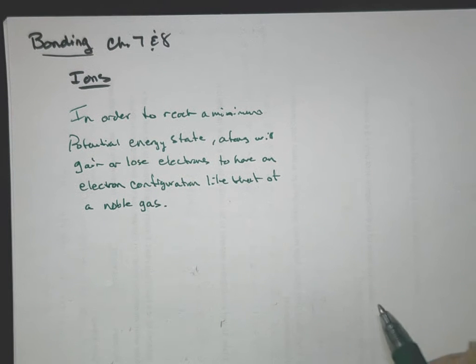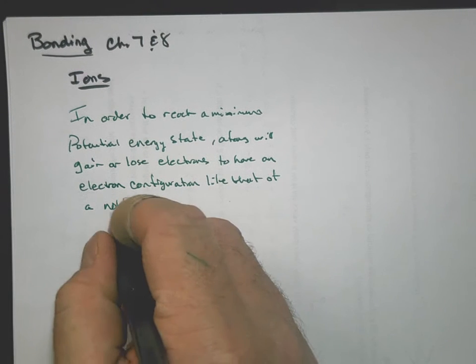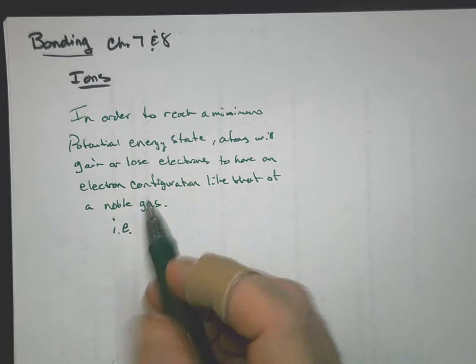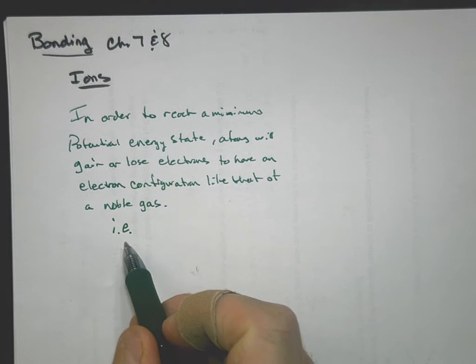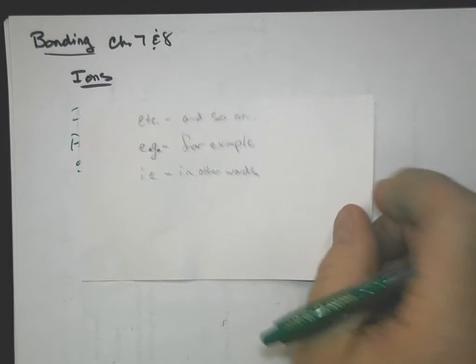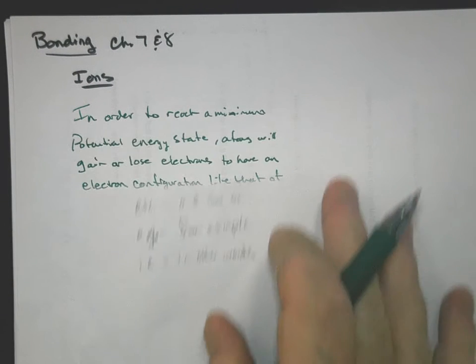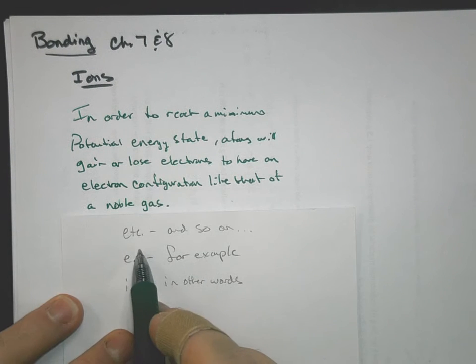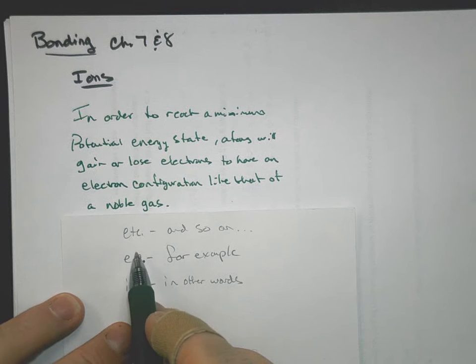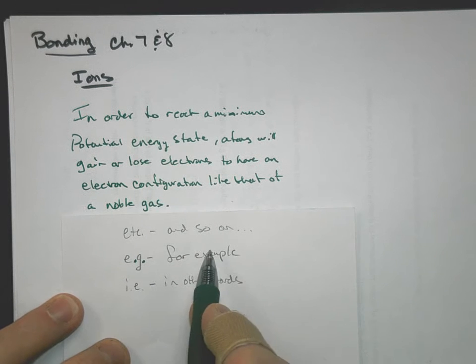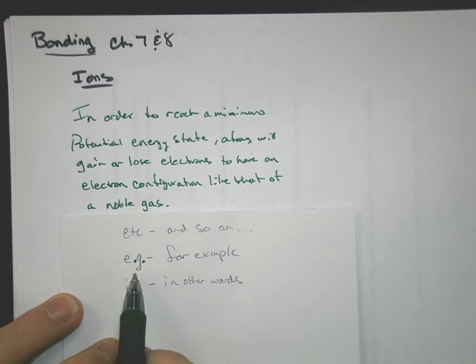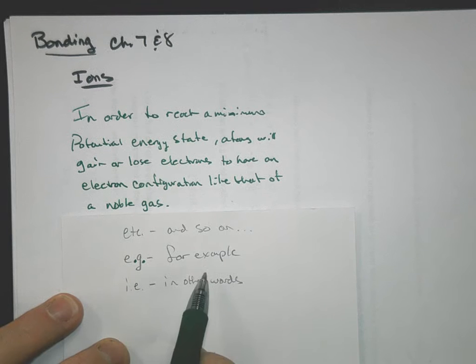Okay. In other words, by the way, this is a good thing to have memorized. In fact, for my other periods, I made this list. Here, ETC is etc. This one you guys are probably most familiar with. Okay, and so on. EG is for example. IE is in other words.